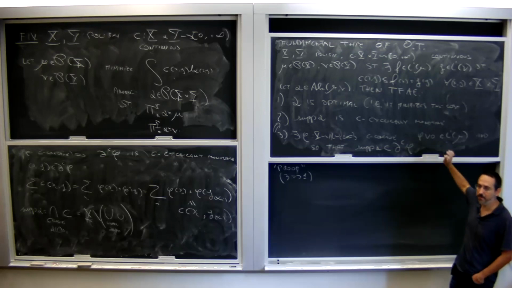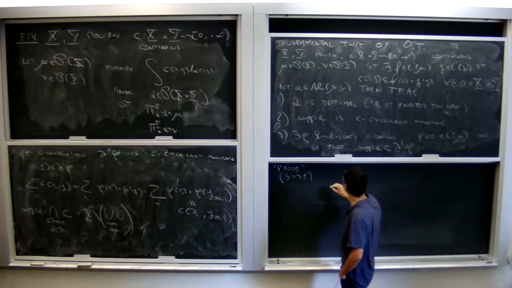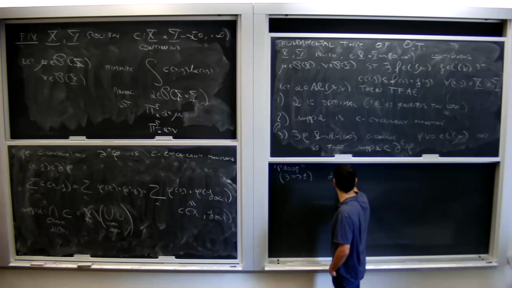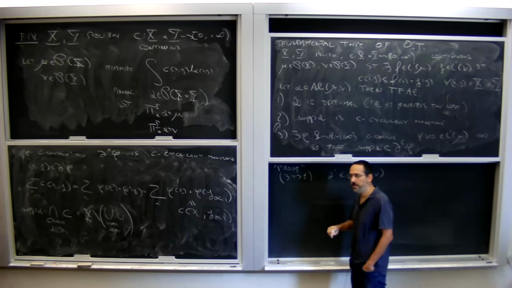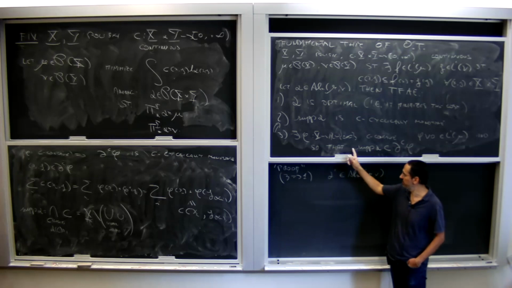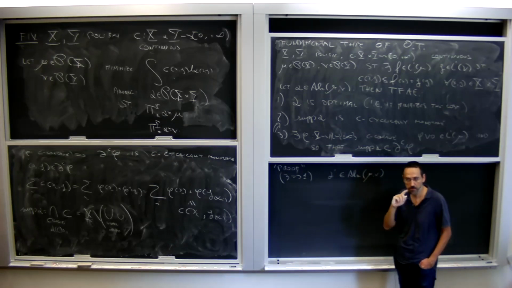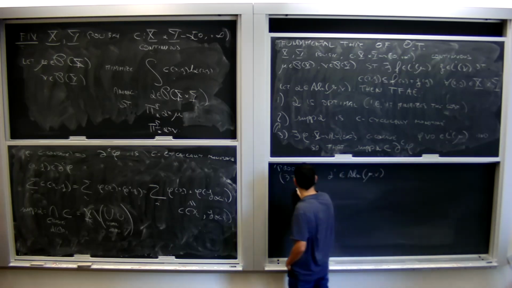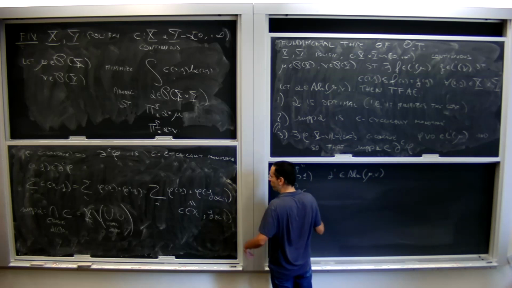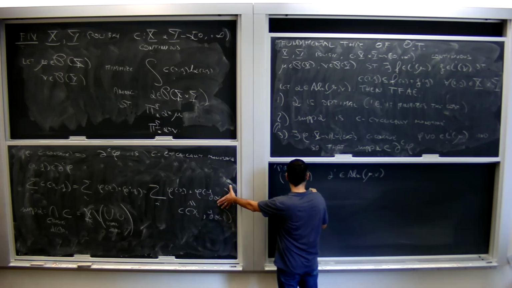Let me neglect the integrability issues, and take alpha prime, any other admissible plan, and compare the cost of alpha, which satisfies this property, with the cost of alpha prime. So what is the integral of c? It's basically the same computation that we've done.